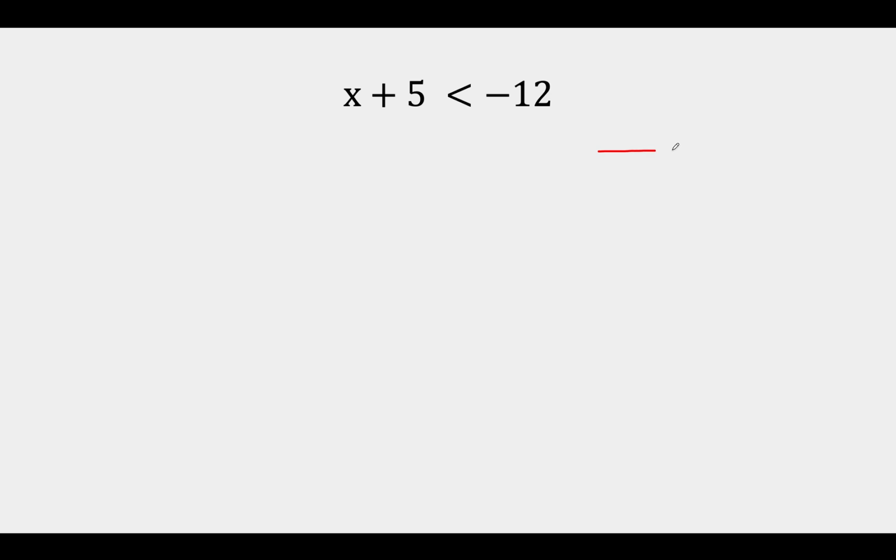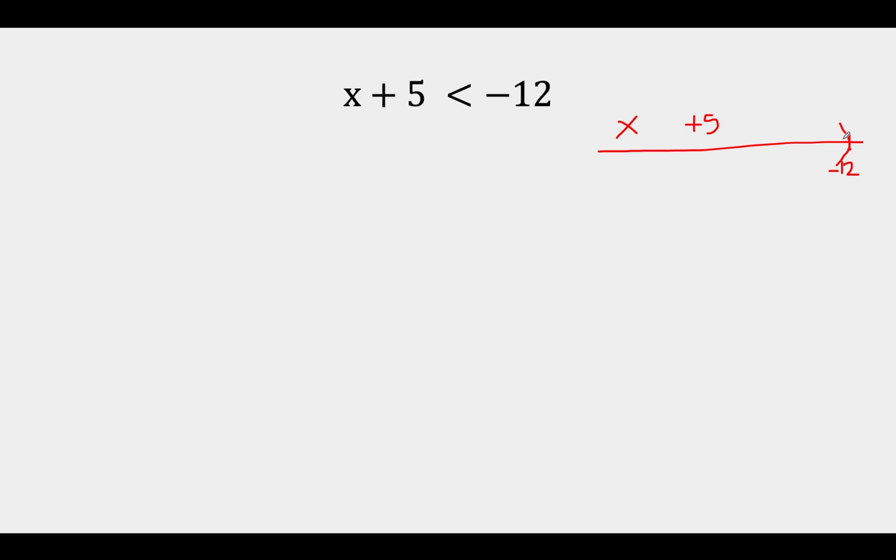Let's go ahead and draw a number line over here with our negative 12 on this side. What this is asking us is what number or numbers can x be plus 5 that are going to give us anything less than negative 12.